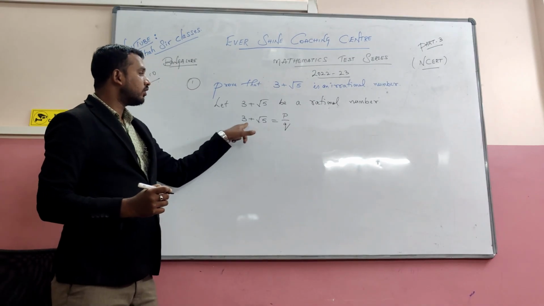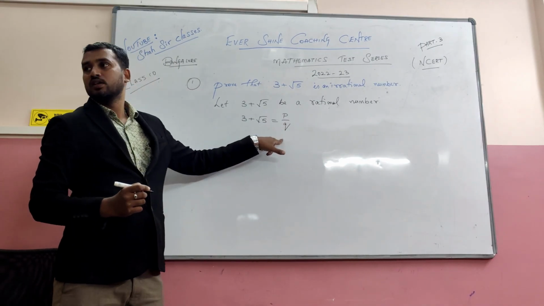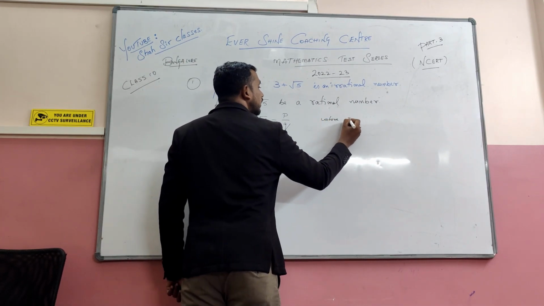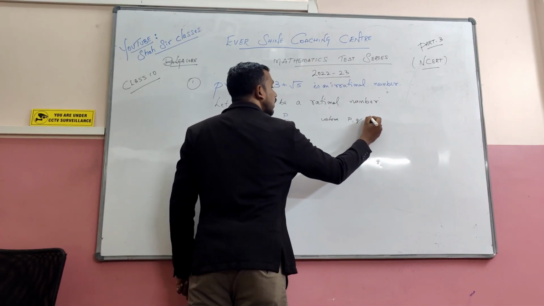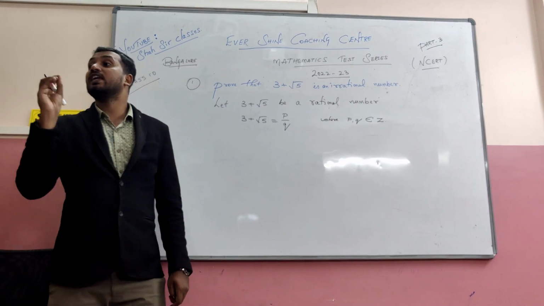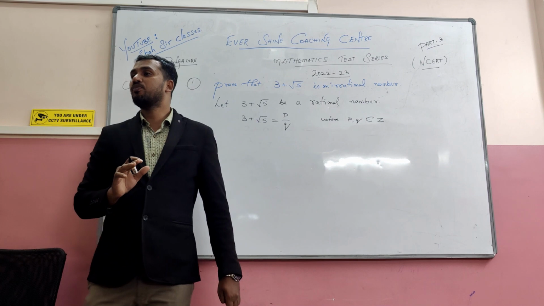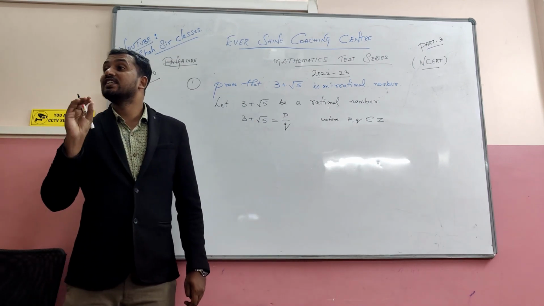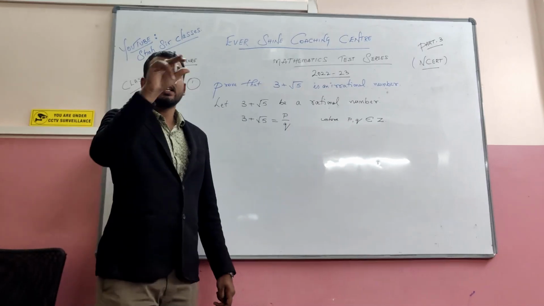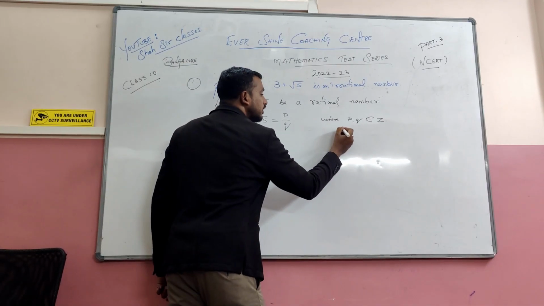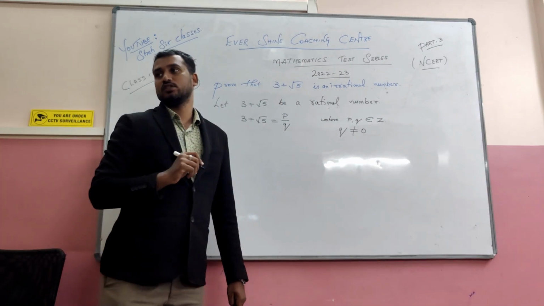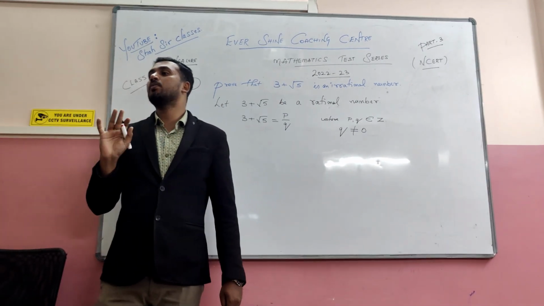But there is one condition, where p, q belongs to Z, meaning p and q should be integers. 1, 2, 3, 4, 5, 6, any number. But one condition: the value of q should not be equal to 0. This is the condition. The denominator value should not be equal to 0.